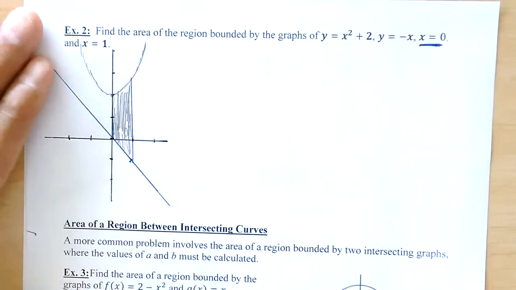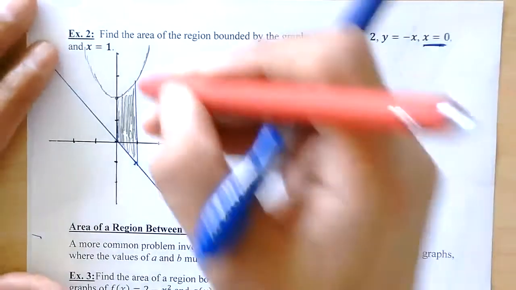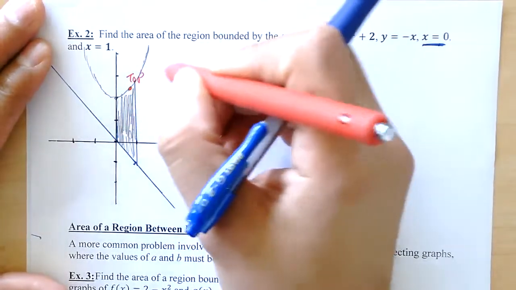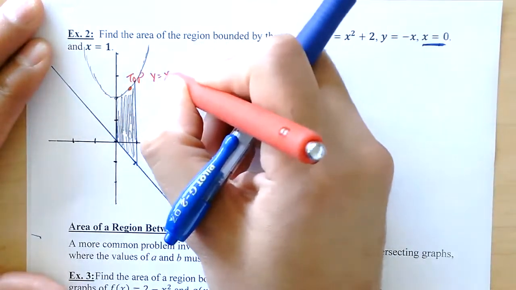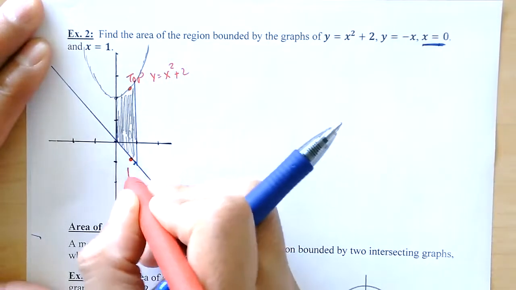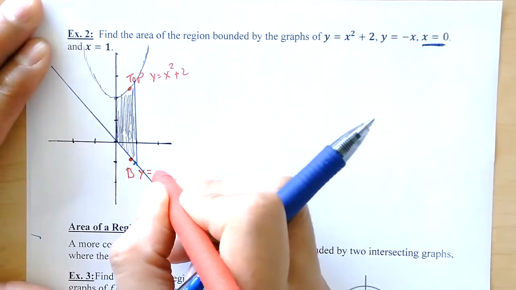And so when I look at this, I need to decide which function's on top, which one's in the bottom. So I could tell this function is the one that's on top. And I will remind you that the top function is the parabola. And I could tell that this function's in the bottom. And the one that's in the bottom is y equal negative x.